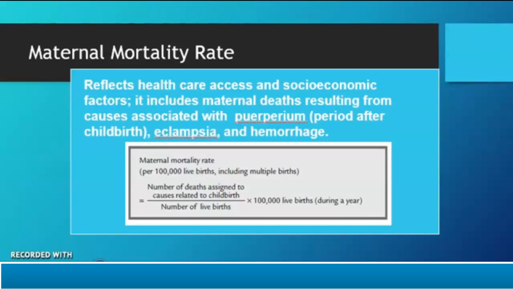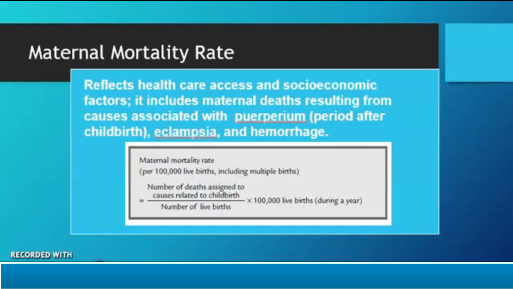Maternal mortality rate is very similar, except this is expressed in terms of 100,000 live births. So when you do the ratio of number of deaths assigned to causes related to childbirth over number of live births, then you multiply that by 100,000, and this is all during 1 year usually. And these are also indicators of socioeconomic factors.